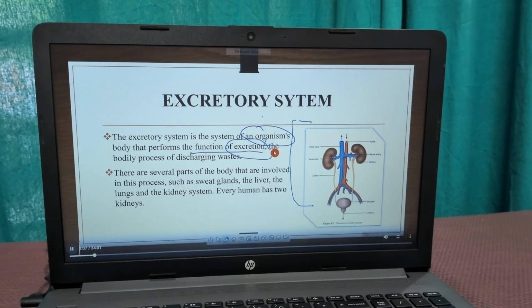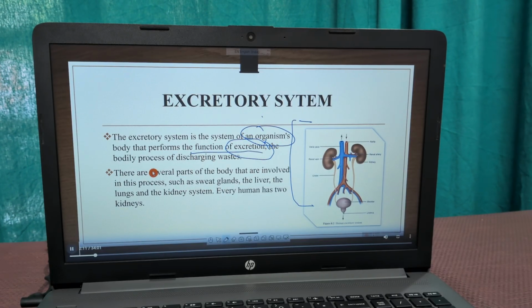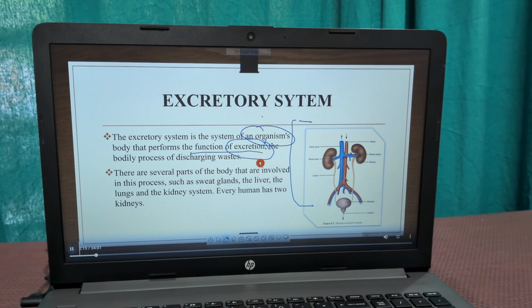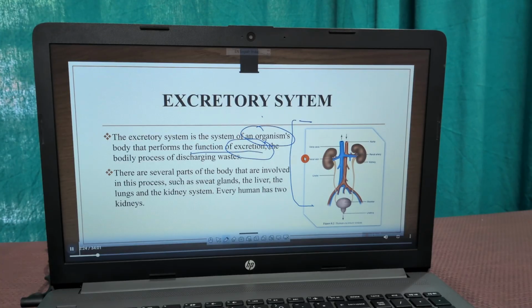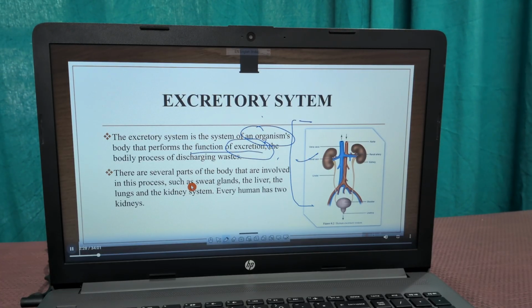It is responsible for performing excretion in the human body, the process through which the metabolic waste products are removed from the body and the blood is filtered and the metabolic waste products are excreted in the form of fluid which is called urine.